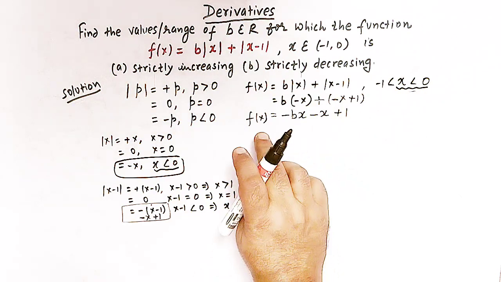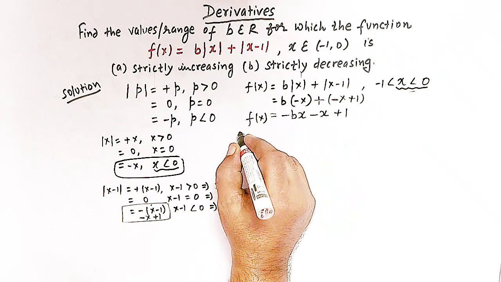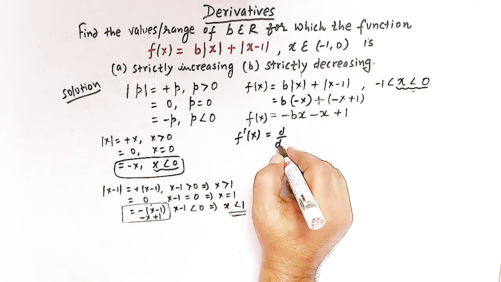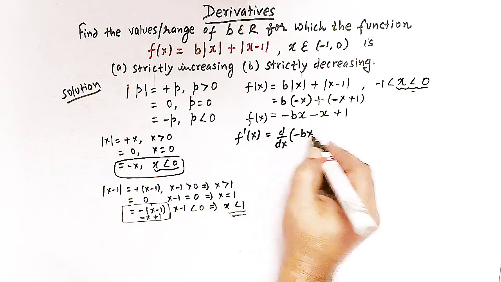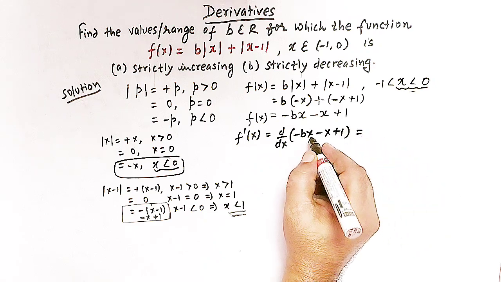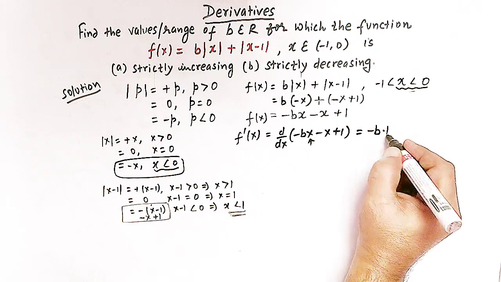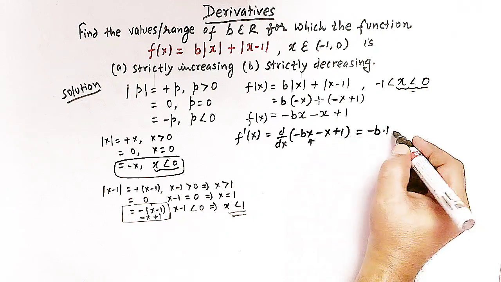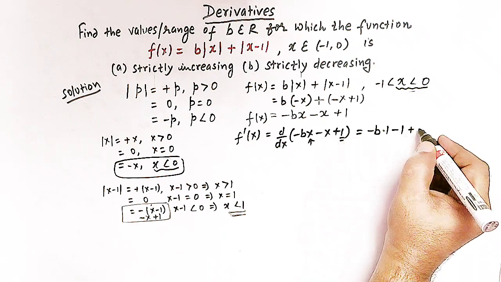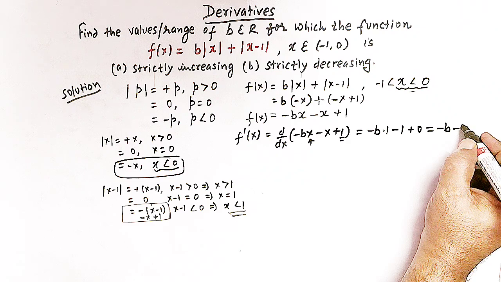Now let us differentiate this function. f prime of x is the derivative of minus bx minus x plus 1. The derivative of x is 1, so we have minus b times 1, then minus 1, and the derivative of 1 is 0. So we have minus b minus 1.